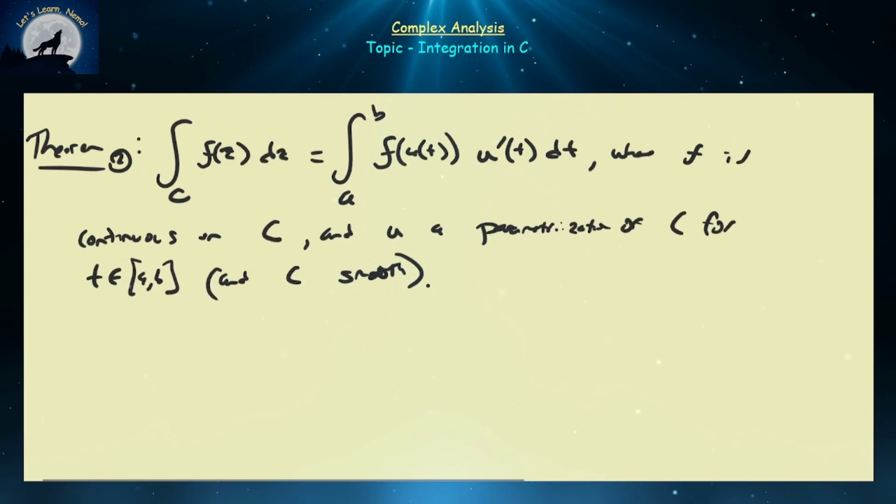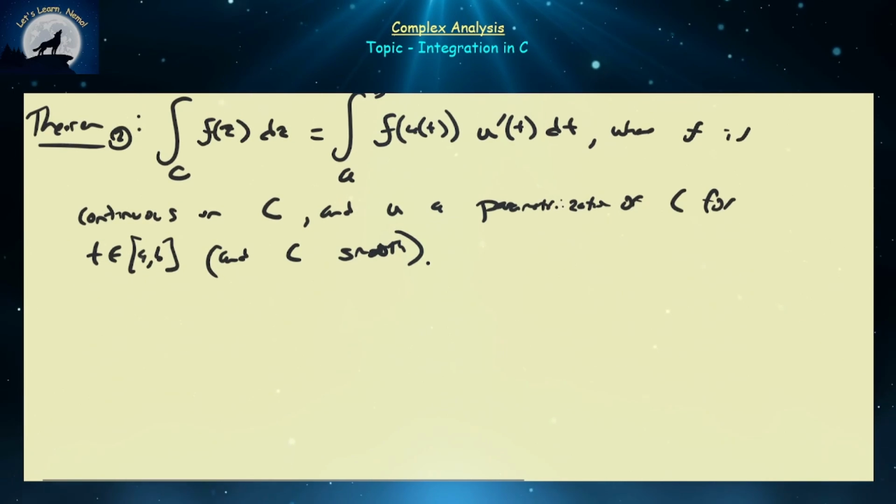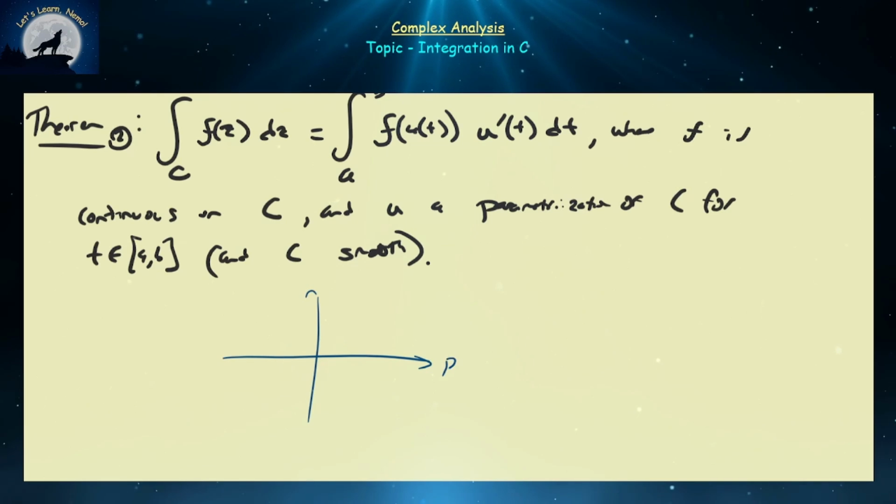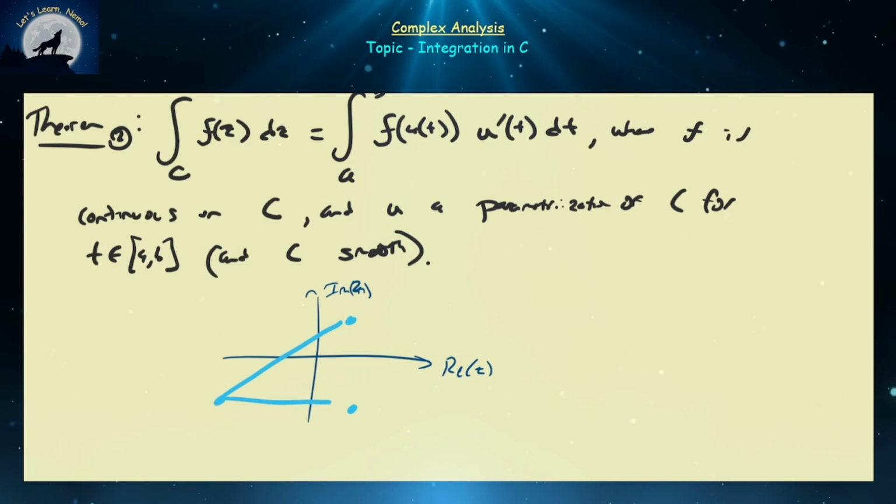Now, if C is not a smooth path, you need not worry. So if we're in the realm of the complex plane, let's assume that this is the real part of z, the imaginary part of z, and let's assume that your contour has some corners on it. So let's assume that's your C. All you have to do is just break up this contour into smooth pieces.